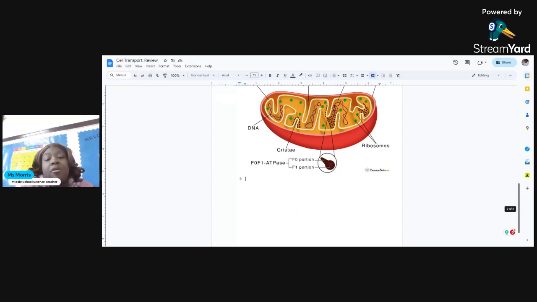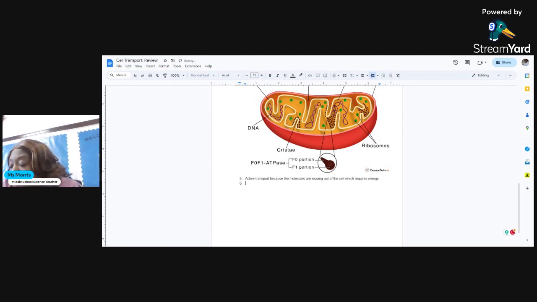Explain. It will be an example of active transport because the molecules are moving out of the cell, which requires energy.